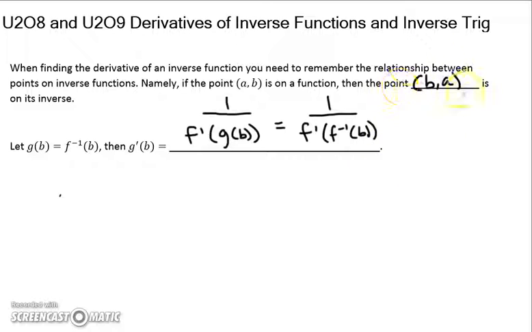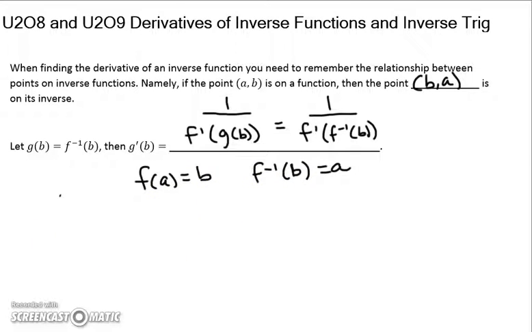And again, we want to keep this relationship in mind, where (a, b) is on f of x and (b, a) is on g of x. We're going to have to remember that f of a equals b means that f inverse of b equals a. This relationship is going to be very, very critical for finding the derivative of an inverse function.